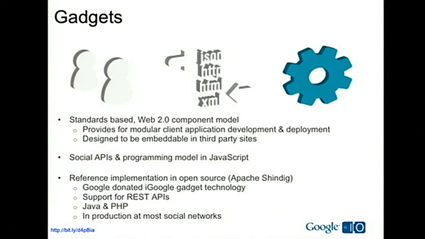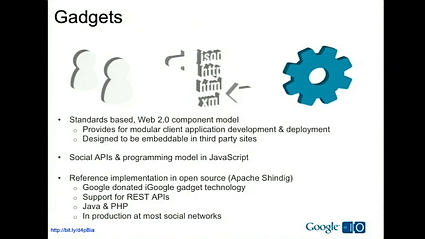If we talk about, for example, gadgets, we've got a basically HTML, CSS, JavaScript model that we wrap a little bit of XML around, and that gives us a way to modularize and create a standard component, and we can take that component and move it around into different websites that we call containers. So things like iGoogle, MySpace, all of those things are what we would call social network containers.